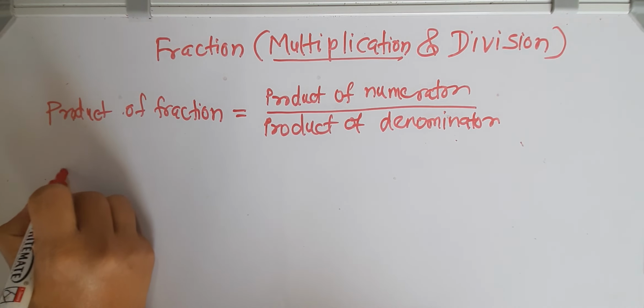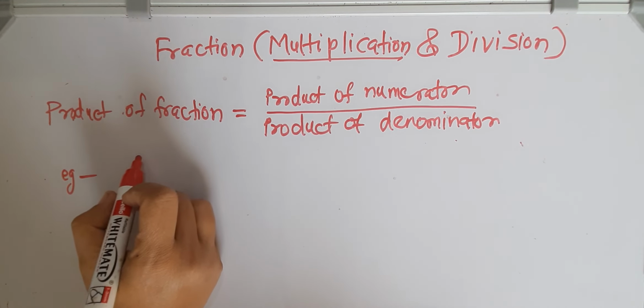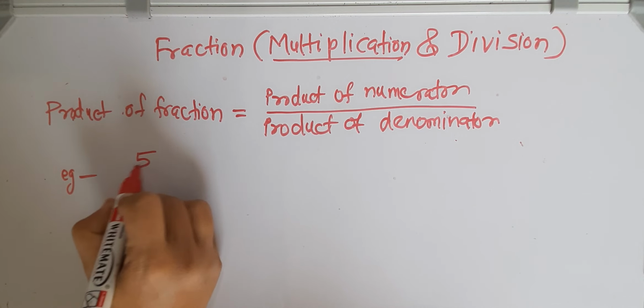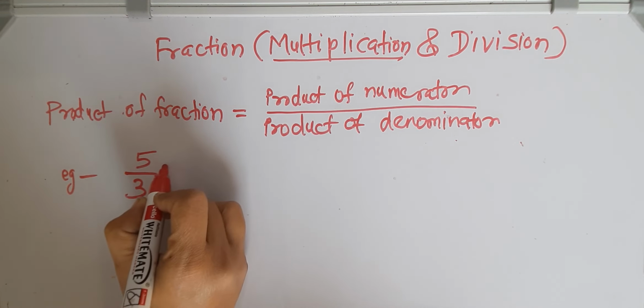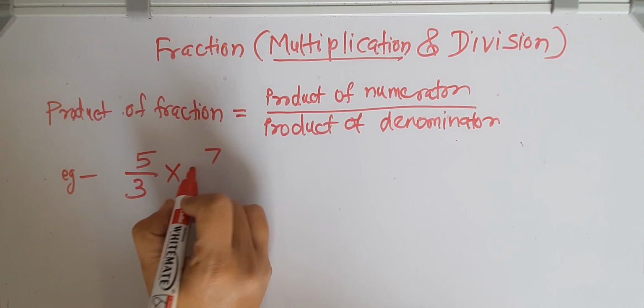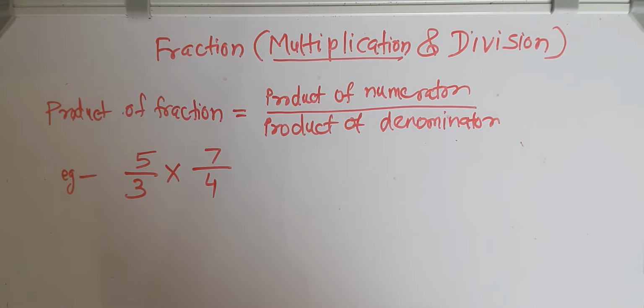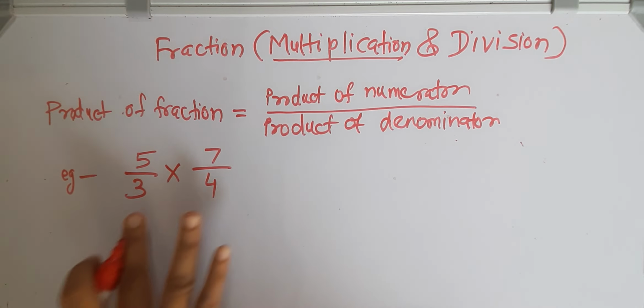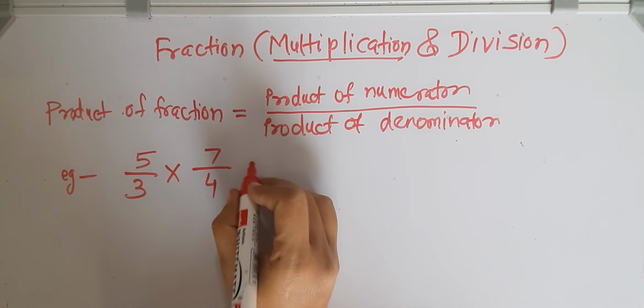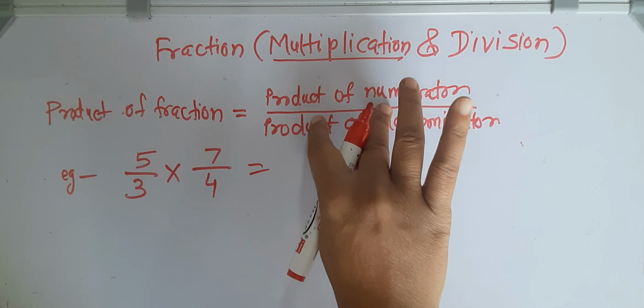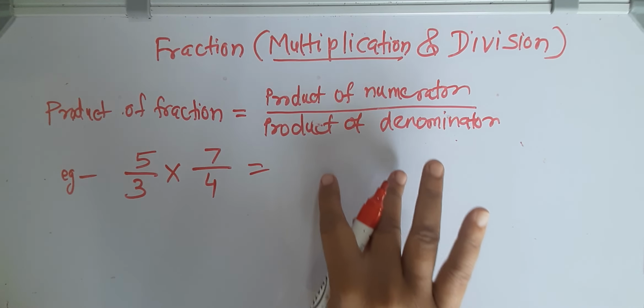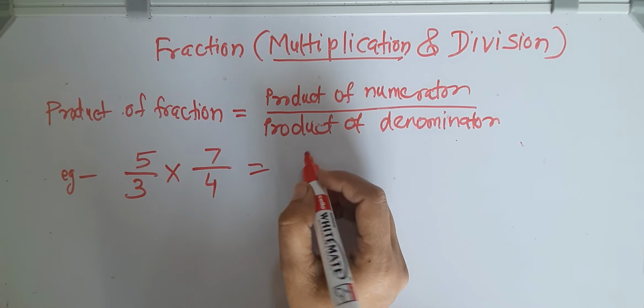Let's understand with an example first. We'll take two fraction values, 5 by 3 and 7 by 4. How do we find the product? Both are fractions, so we find the product of the numerators divided by the product of the denominators.